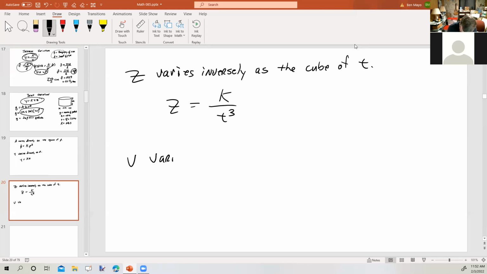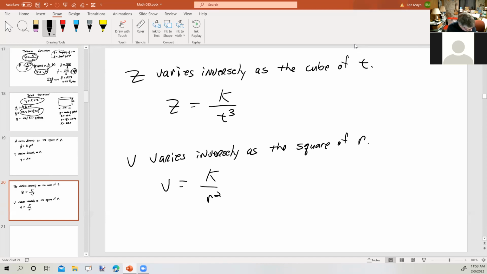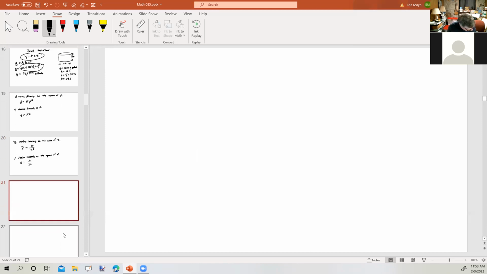V varies inversely as the square of R. So V equals K over R squared. Again, any question on those? All right.